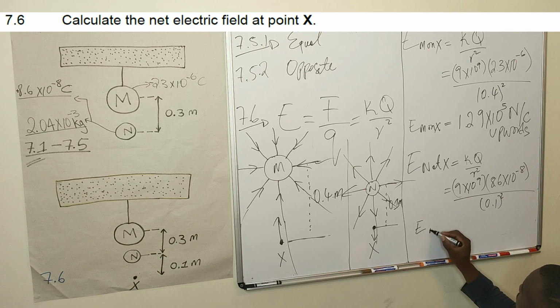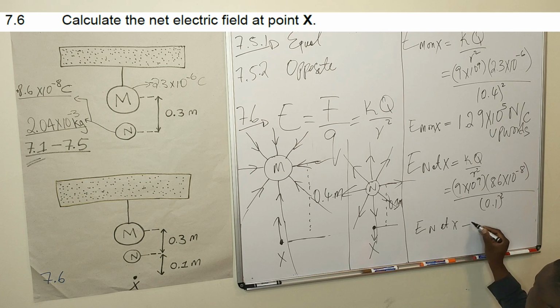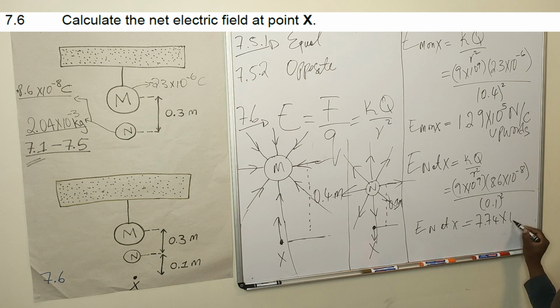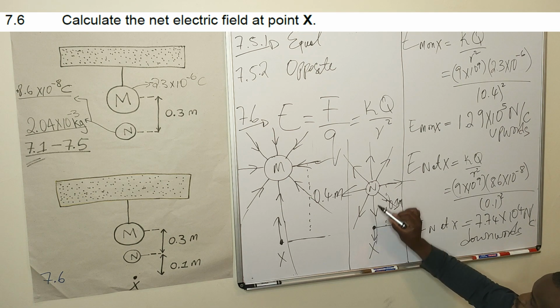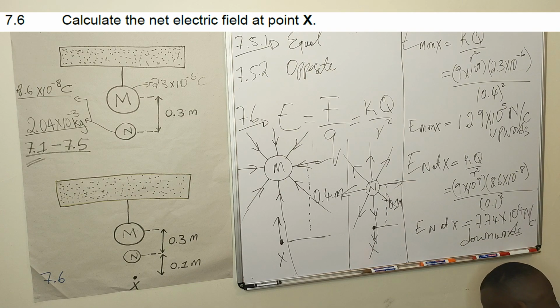So the electric field of N at X is equal to 7.74 times 10 to the 4 newtons per coulomb, and it's downwards, because we said that the electric field at this point due to N is downwards. You can see the electric field line.